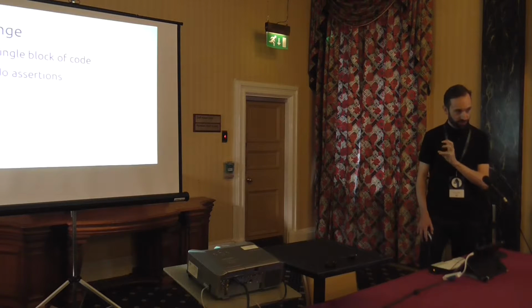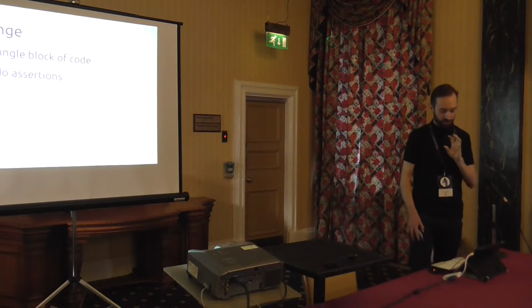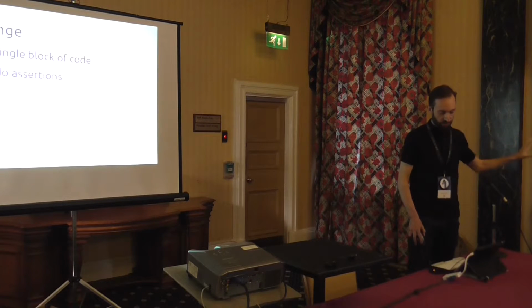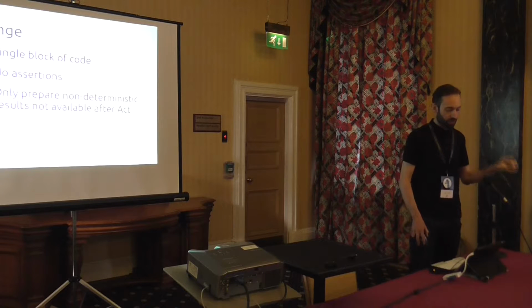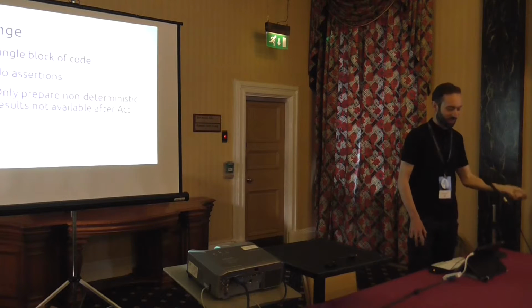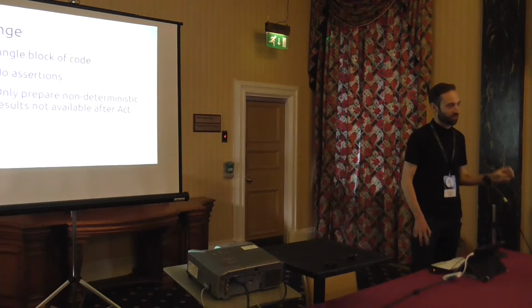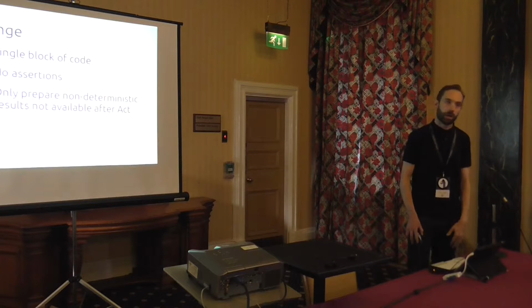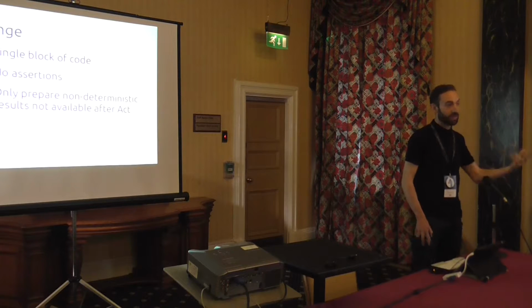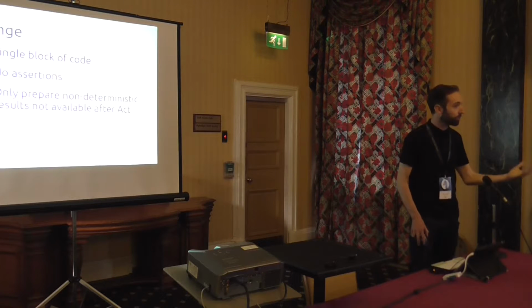What I'm about to say are kind of the weird things about arrange blocks, which people have their own flavours about. I believe that we should only prepare non-deterministic results not available after the action in the arrange block. So one example is, let's say we were deleting one of our members and all members had UUIDs.